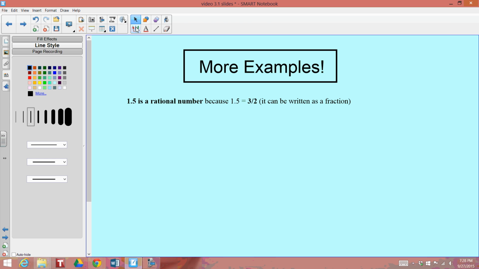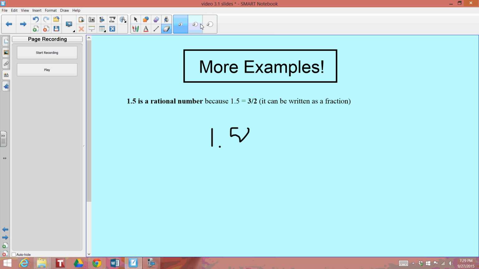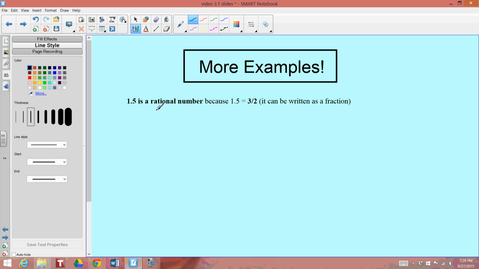And if you remember, 1.5 is equivalent to 1 5/10.